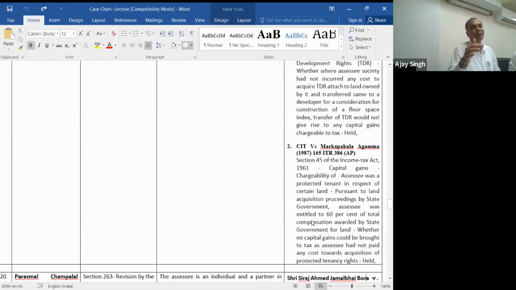After the various acts came into force, such as the Consolidation Act and the Ceiling Act, whereby a person cannot hold land exceeding a particular limit, they started releasing land. If they don't release it, the land is not being used; it is being cultivated by somebody else. So that land is already not in their possession, and the other land which is actually in their possession and which they require may go away, and various other reasons which we are not concerned with.